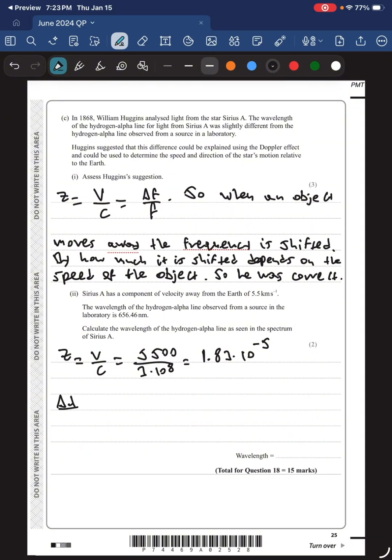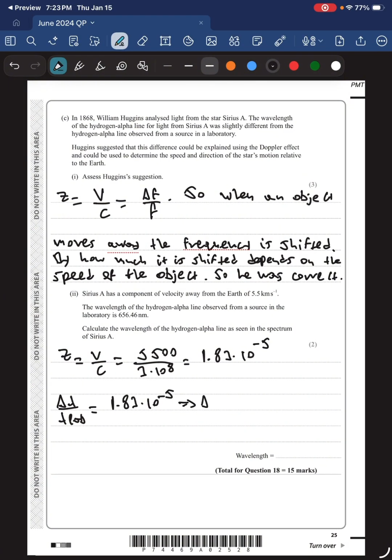So delta lambda over the lambda in the lab should be equal to this difference, to 1.83 times 10 to the negative 5, right? And this is a unitless quantity, by the way, because we are dividing velocity v with c, which is also a velocity, so units cancel, okay? So it's a dimensionless quantity. That's the proper way to put it.